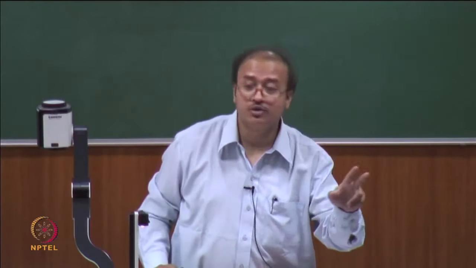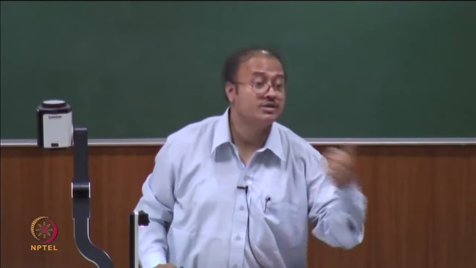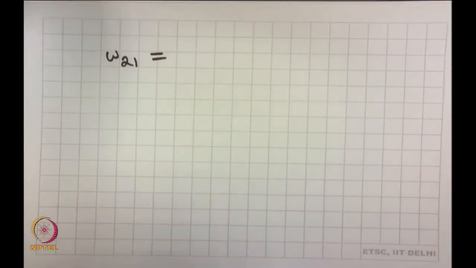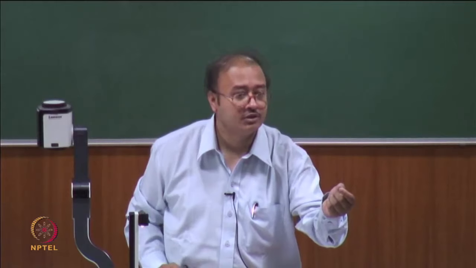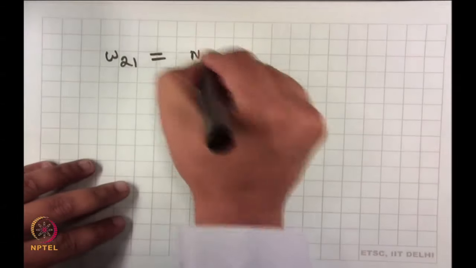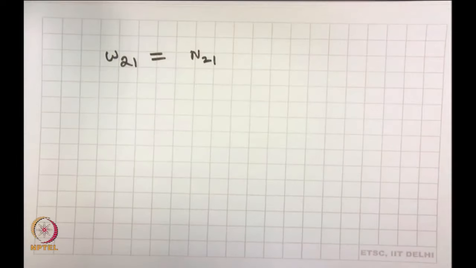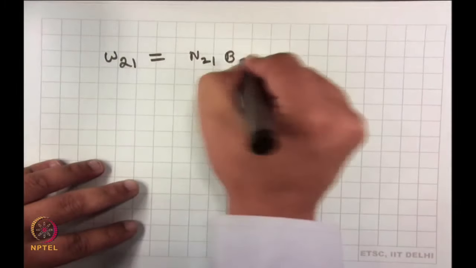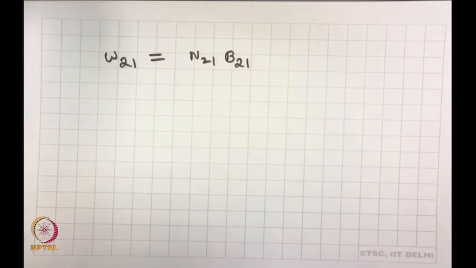2. I will be having 2. Why? Because I have two processes, one is stimulated, one is spontaneous, right. So, the stimulated, please understand, would just be the reverse of absorption. So, in this case what I would write is N21, the number of molecules in the excited state which is 2, times B21, the rate constant of this downward transition.